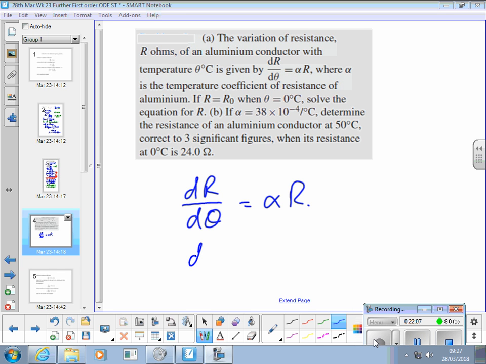If we invert, we get that. Everyone agree?